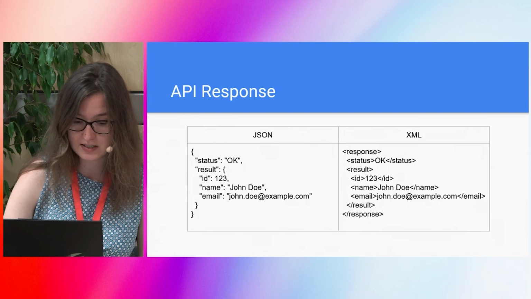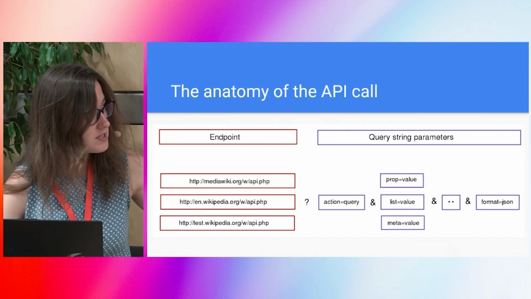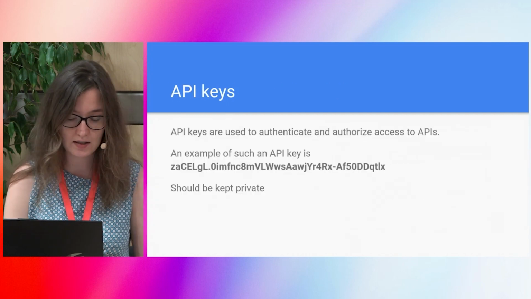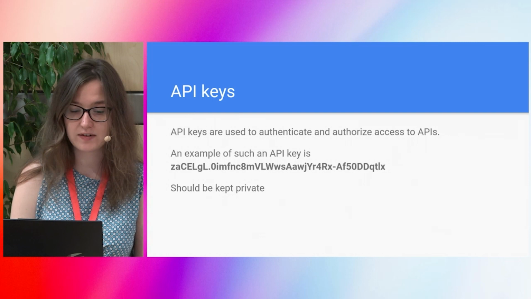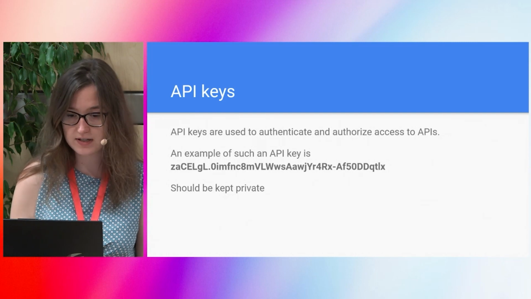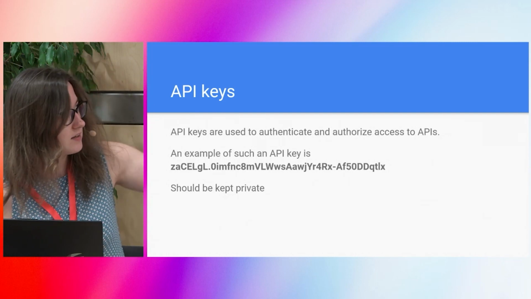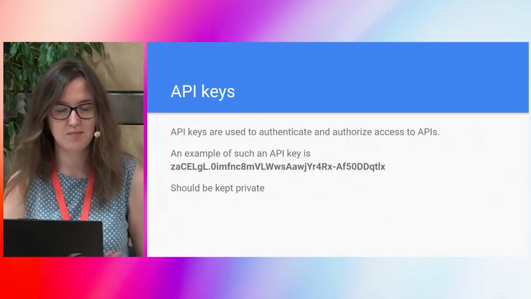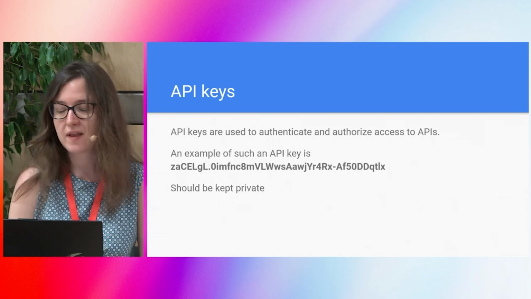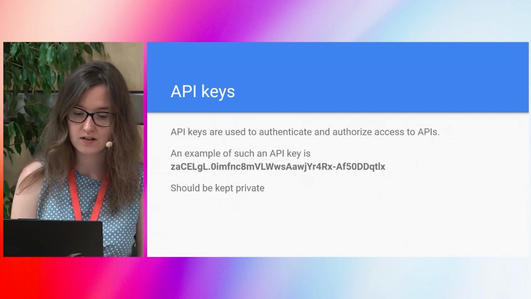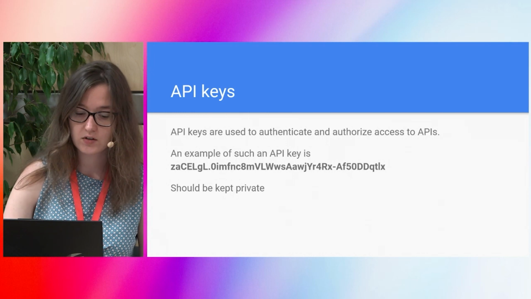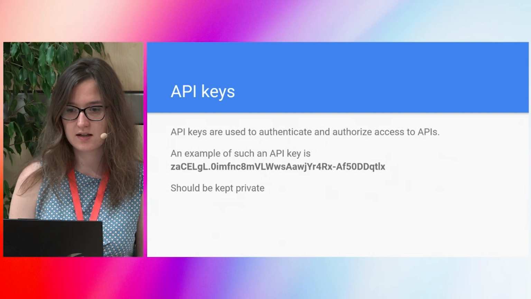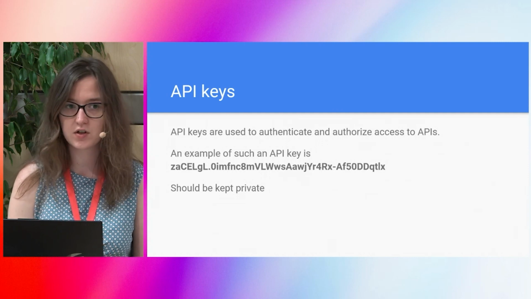I mentioned these query parameters, and one of them that you will see quite often is an API key. An API provider may ask you to authorize yourself, and it assigns you something like this big string, a random string. It's not an API key for anything. What you do with this key is attach it to your request as a parameter, and that's how the API provider knows who you are.